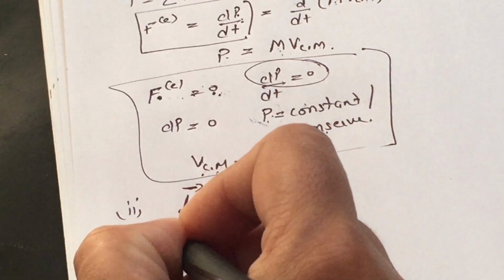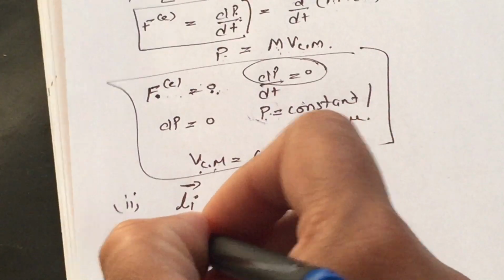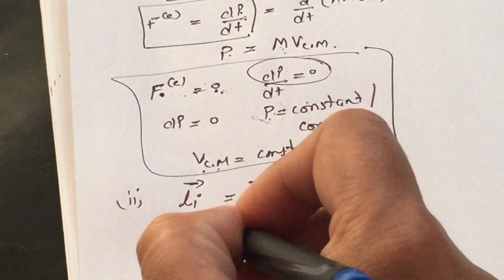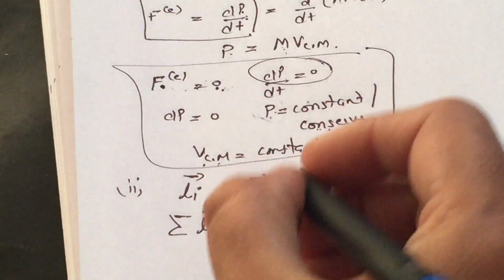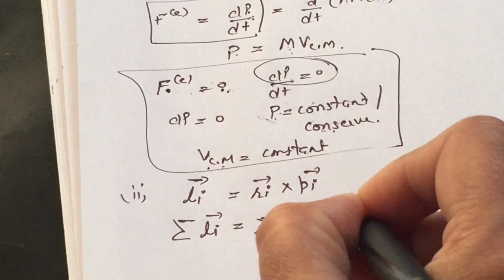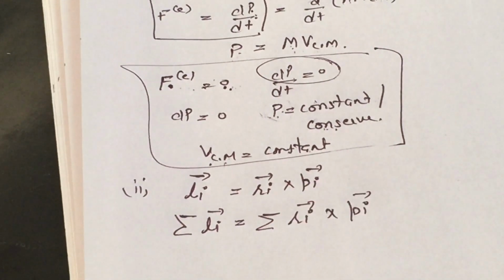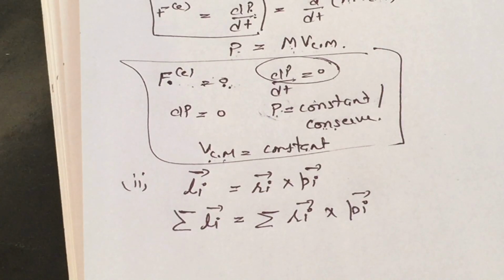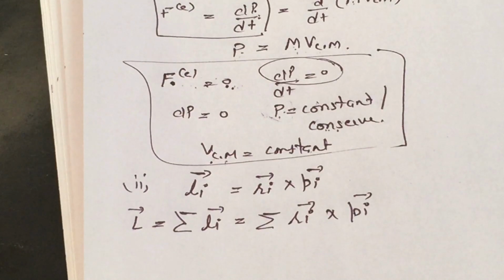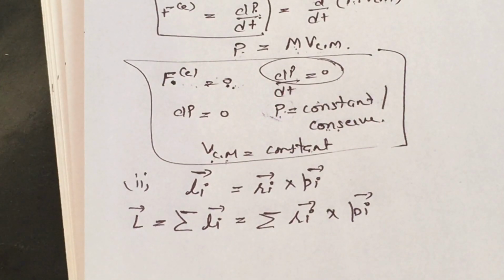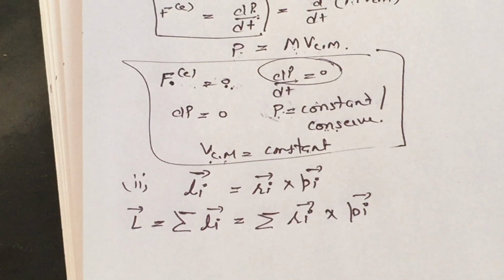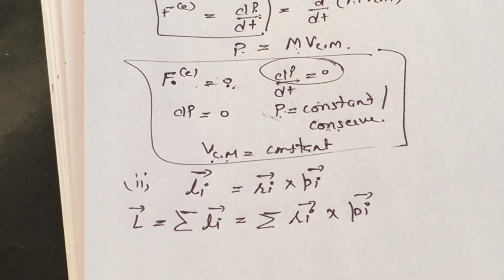If we want the total angular momentum of the system, we take a summation over each and every particle's angular momentum, so we have L equal to the summation of Ri cross Pi, and this gives the total angular momentum of our given system, which we represent with capital L. We very well know that angular momentum is a vector quantity whose magnitude is given by the magnitude of r cross p.